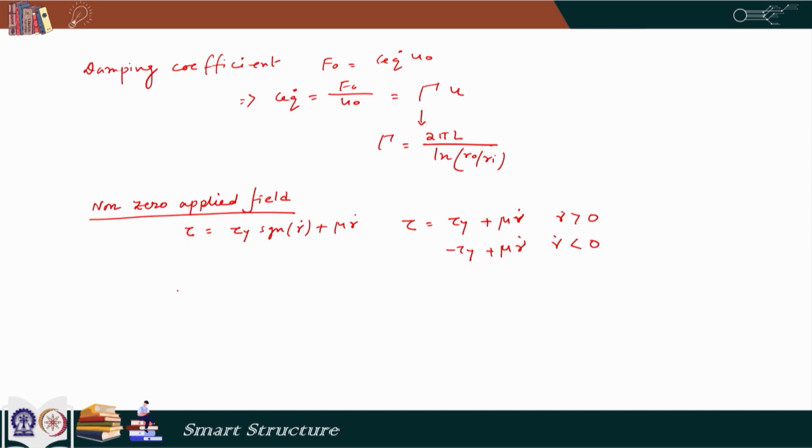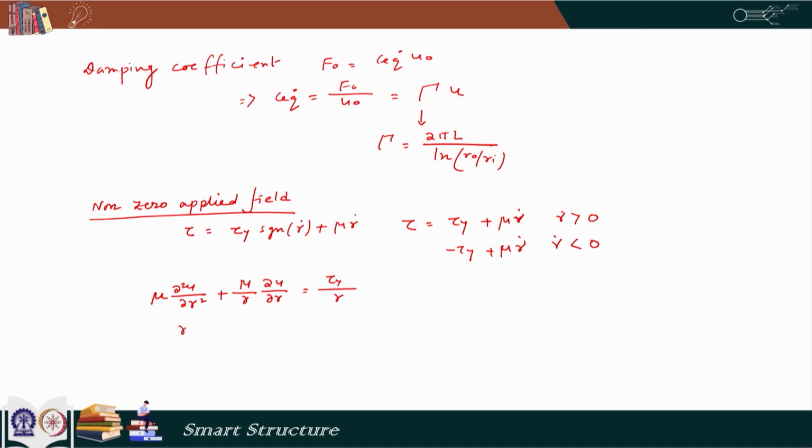Now, if I put this constitutive relation in, then my governing differential equation becomes this, equal to tau_I by r.